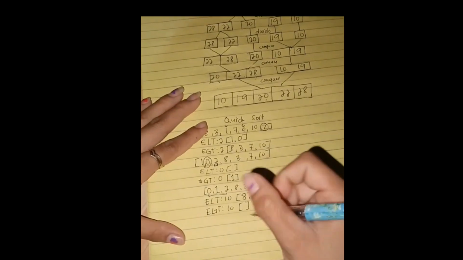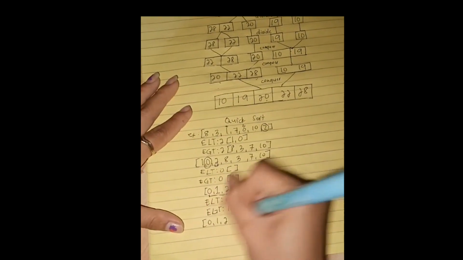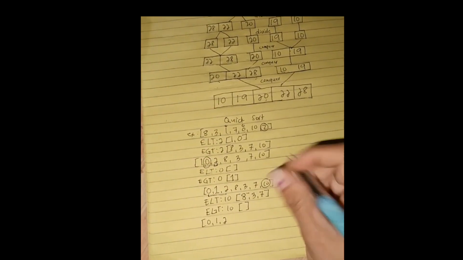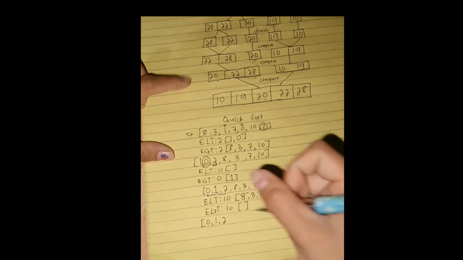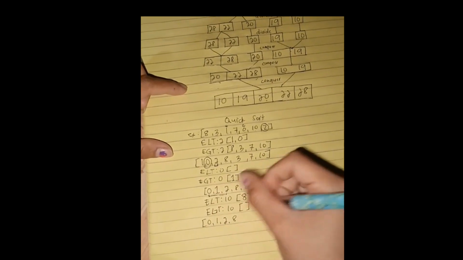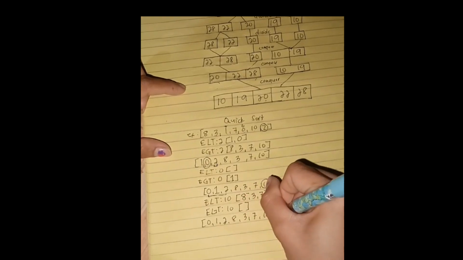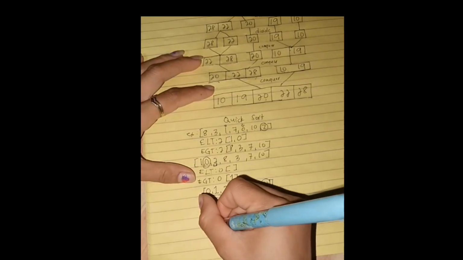At i-rearrange naman natin, i-copy lang natin 0, 1, 2. Rearrange naman natin, dahil si 10, parang same lang, 8, 3, 7, and 10. Same lang, nalagay lang si 10 sa tamang nalagyan niya.